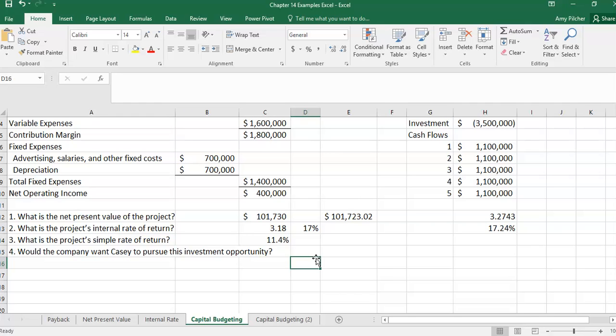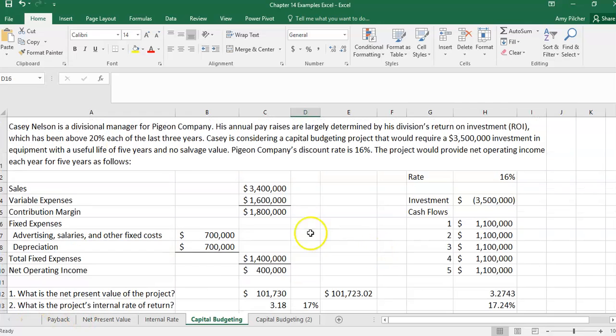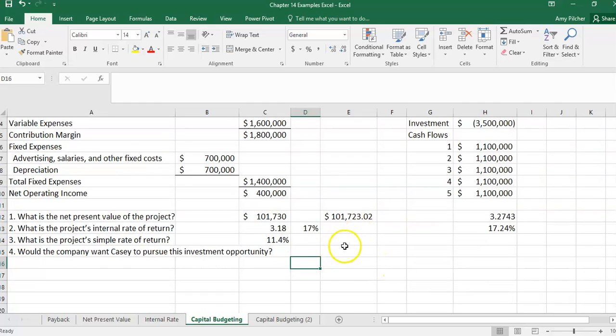Casey, the division manager, might not want to take it on because it's going to lower his return on investment. So even though it's higher than our required rate of return, it still isn't over 20% for that return on investment for division performance. So if we wanted Casey to take on this investment opportunity, we would want to calculate his bonus differently than by return on investment.